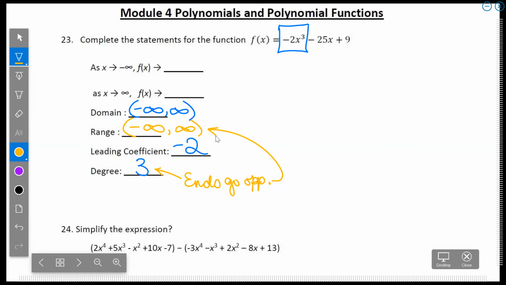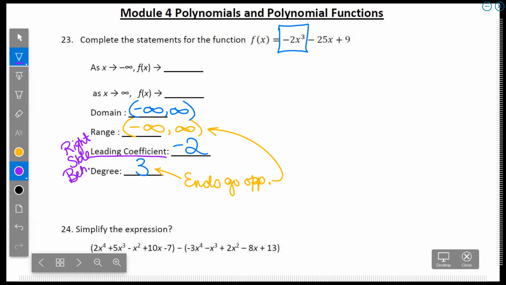Well, which side is going up and which side is going down? Where do I look for that? The right side. Which piece over here tells me about the right side? Leading coefficient. This is right side behavior.